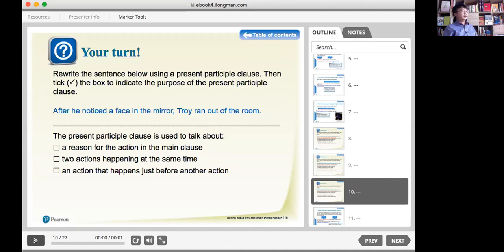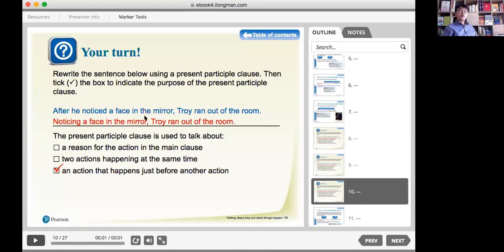Okay, the answer is here. Noticing a face in the mirror, comma, Troy ran out of the room. An action that happens just before another action, because you can see the word after here.